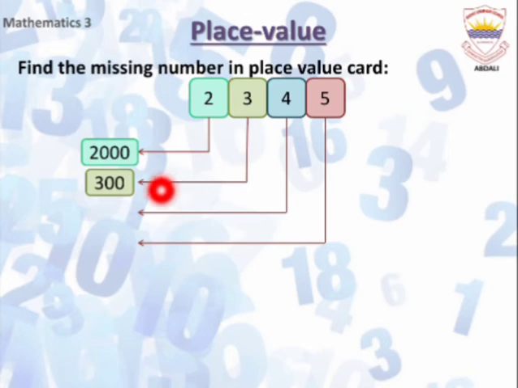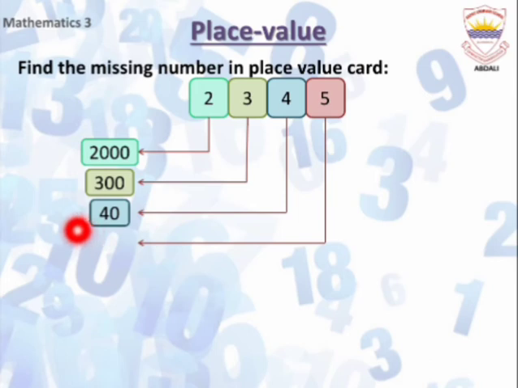The place value of 3 is 300 because after 3, 2 digits are right, and we write 2 zeros instead of these digits. Now students, we write the place value of 4. The place value of 4 is 40 because after 4 only 1 digit is right.